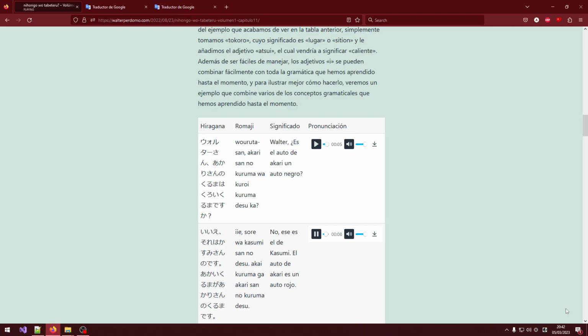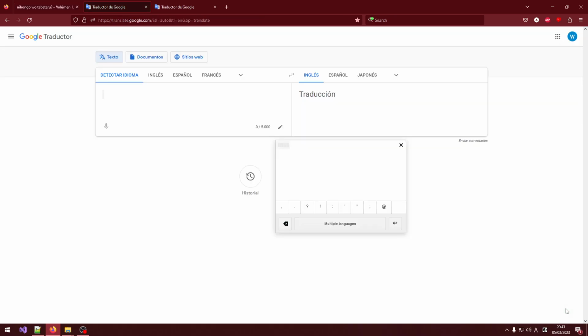赤い車があかりさんの車です。赤いが, remember? In this case, the particle ga is used to demonstrate, to show, I don't know.